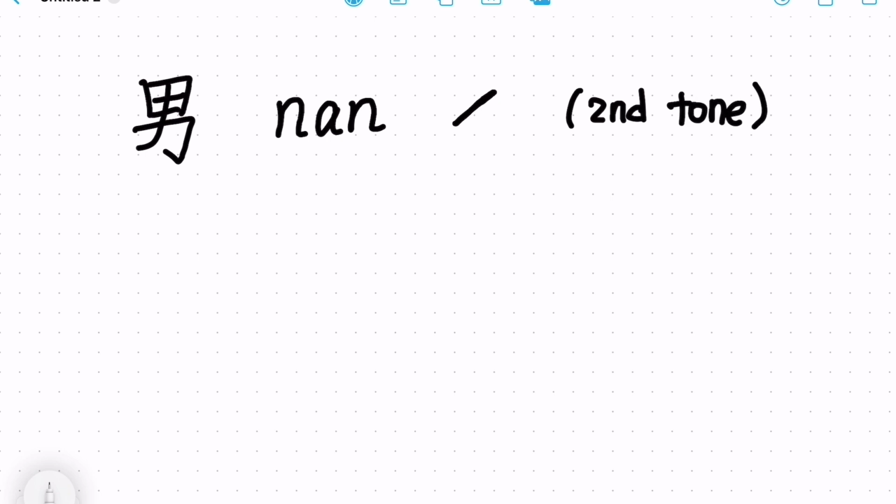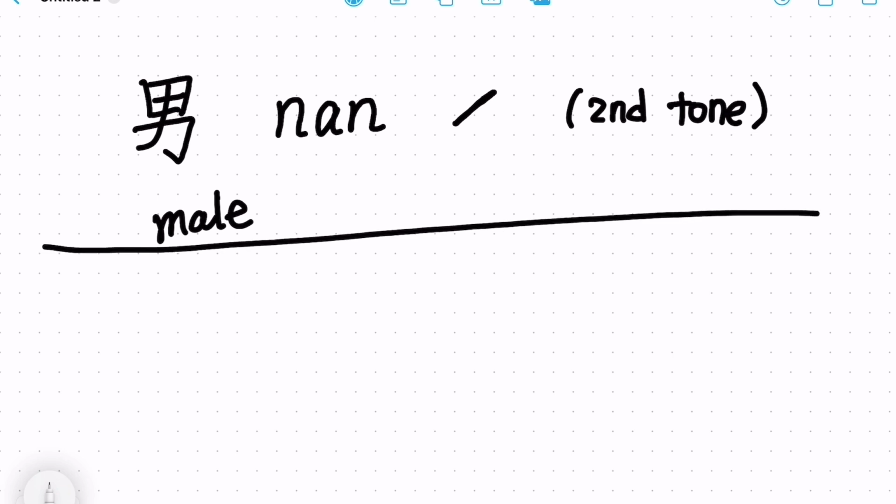So if you don't want to remember it's the second tone, just remember my sound. Nan. It means male. But when we are talking about a male, we are talking about people. You don't use that on animals. So here the male, nan, is only about a person.